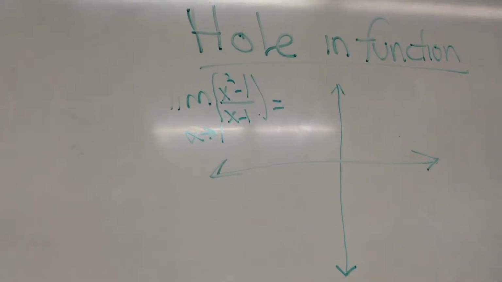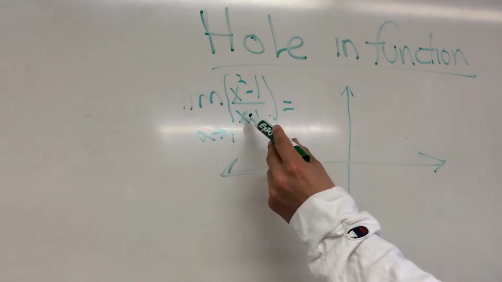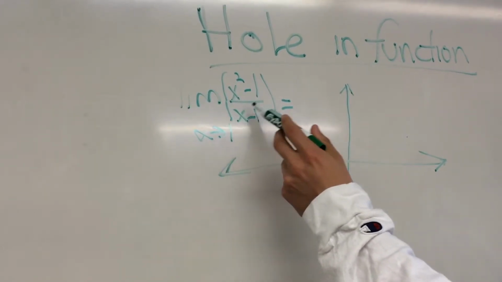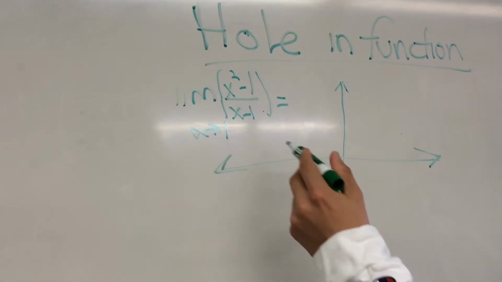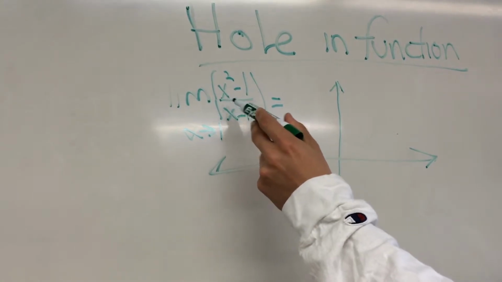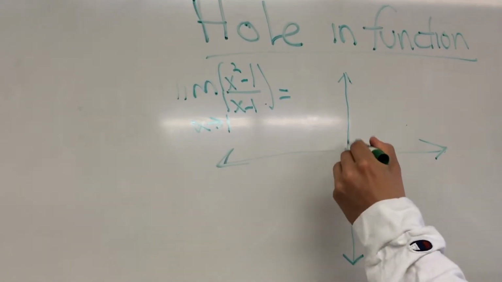And at the point 1, 2, there's a hole because the denominator is a 0. However, because from the left side of the equation and the right side of the equation, both parts of the function approach 2, the limit is 2.